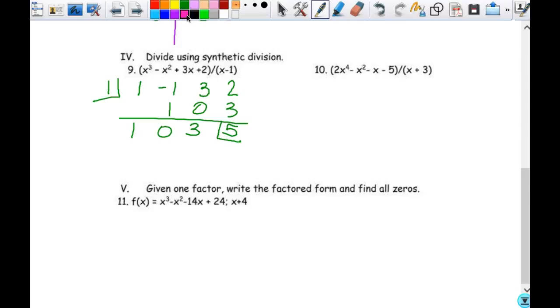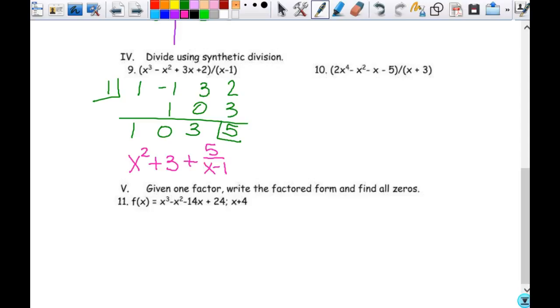Since this was a cubic and I've divided 1 out, this makes this squared. So this is going to give me x squared, there is no x term, plus 3. And then I have a remainder, plus 5 over x minus 1. So there's my result of the synthetic division.